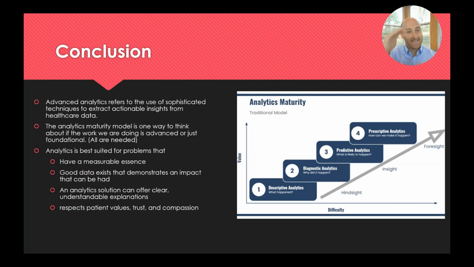I'll summarize this section as this definition, right? Advanced analytics refers to the use of sophisticated techniques to extract actionable insights from healthcare data. The analytics maturity model is one way that we can think about the work we're doing and whether or not it's advanced. Important to remember, all of these parts are needed, and we don't always have to be worried about, I only want to do advanced analytics.